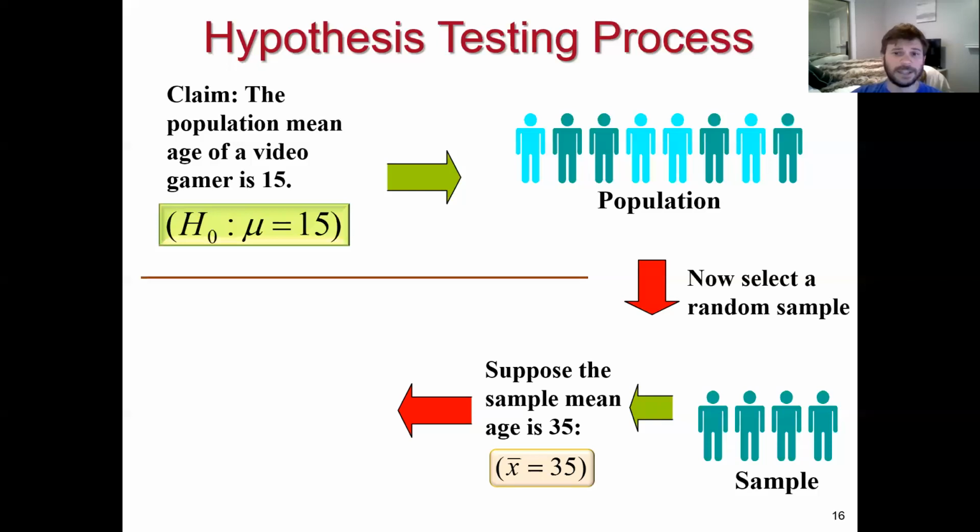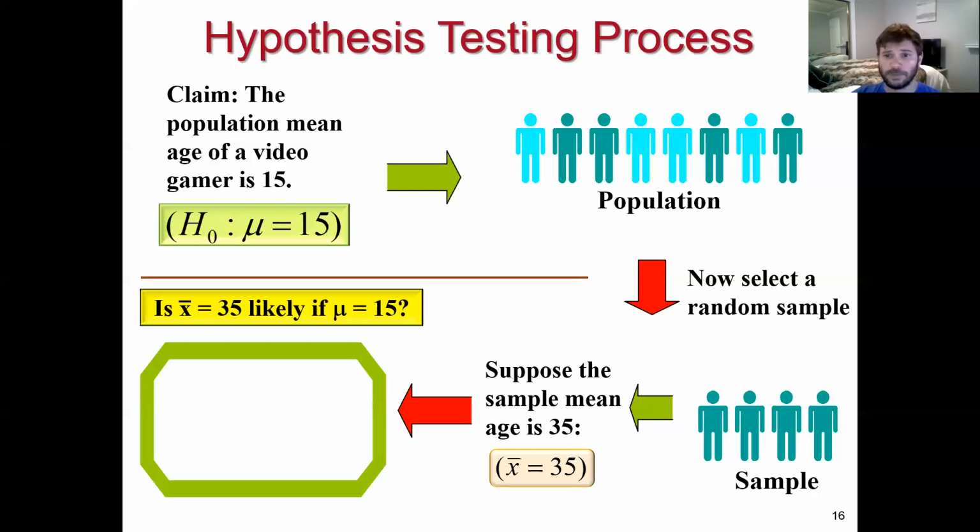Okay, is it likely we would observe a sample mean of 35 if the null hypothesis was true? And if the answer is no, not likely, then we would want to reject that null hypothesis. So again, we're back to this idea that we're looking for evidence that is sufficiently far away from our claim. And if the evidence is far enough away from our claim, then we can conclude that the claim is not reasonable.